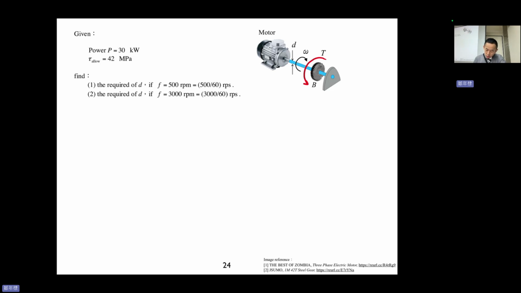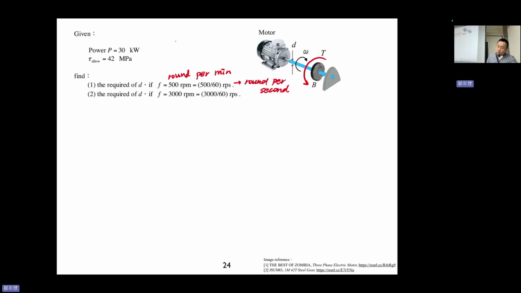We require D, if the frequency is 500 RPM. What is RPM? Round per minute, or RPS, round per second. And you know how to transfer this, right? Easy.